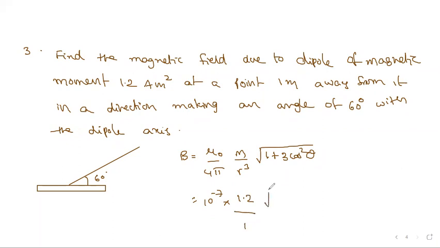So 1 cube is 1, root over 1 plus 3 into cos 60 degrees, which is half only, so cos square theta is 1 by 4. So finally it will be 7 by 4, that means root 7 by 2. So 0.6 into root 7 into 10 power minus 7. Okay, so the answer is in Tesla only. This is the answer. Simply we substituted in the very general form.